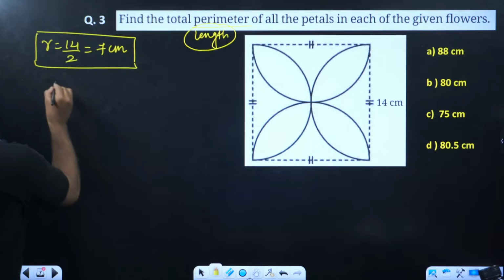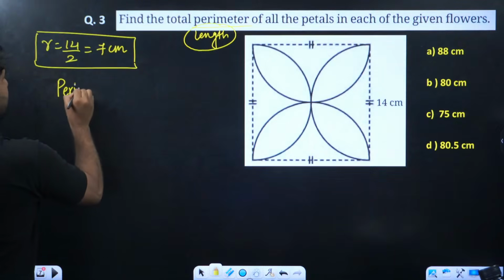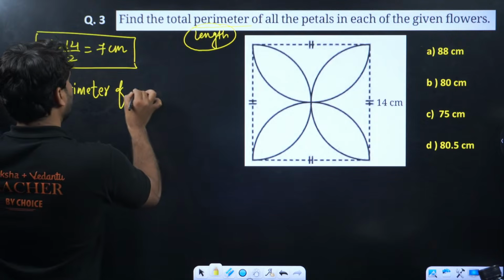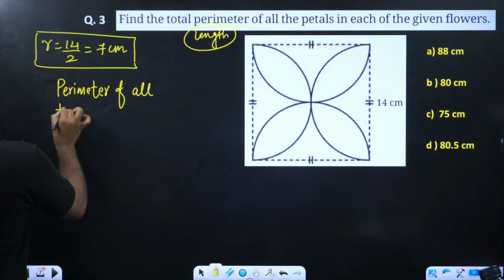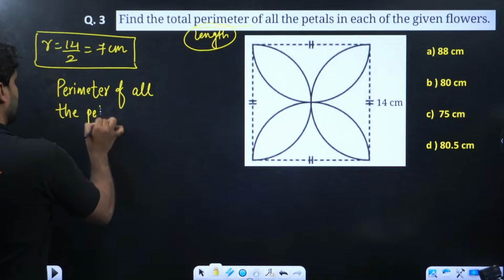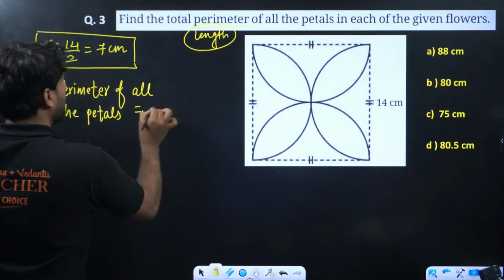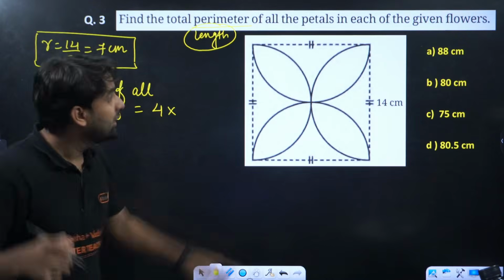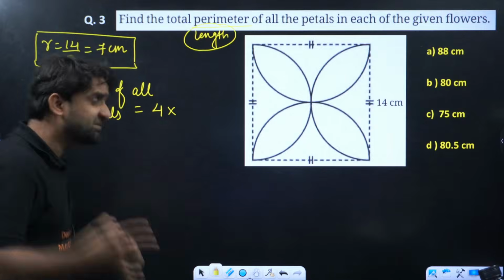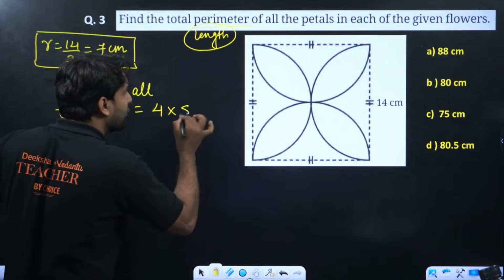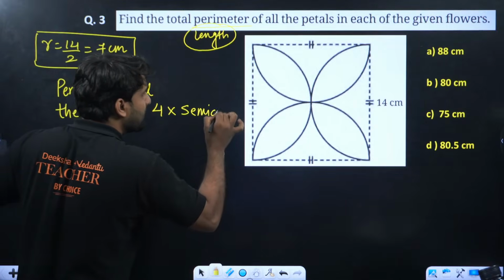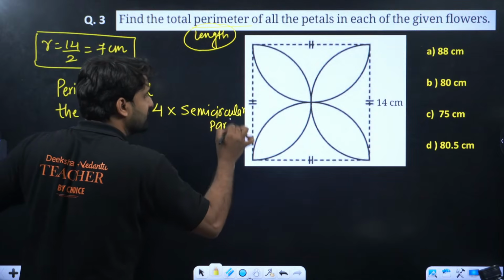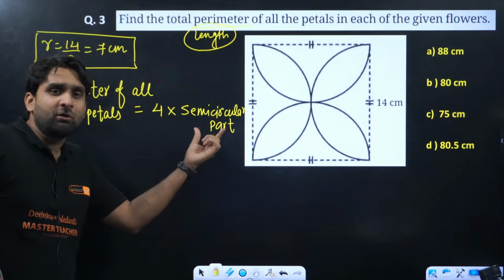So the perimeter of all the petals is equal to 4 into, how many semicircles? 4 semicircles. So 4 into the semicircular part.